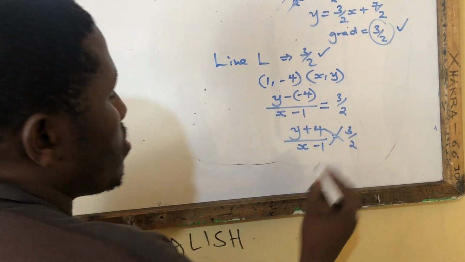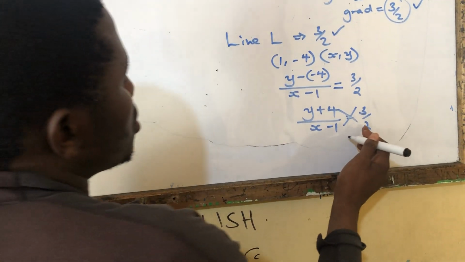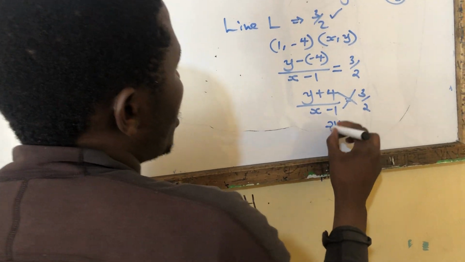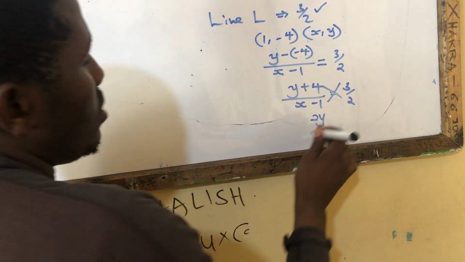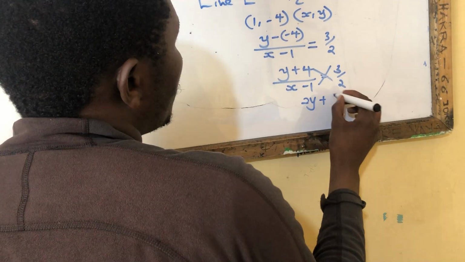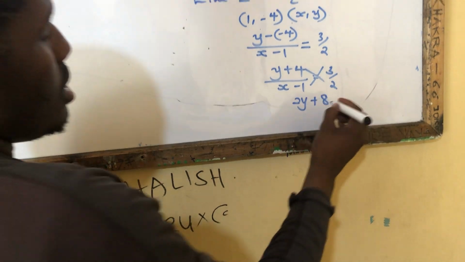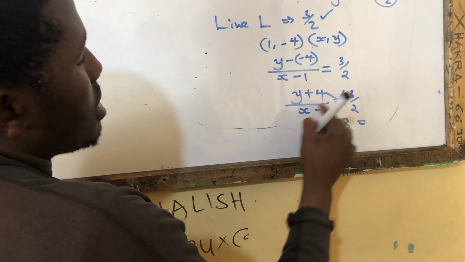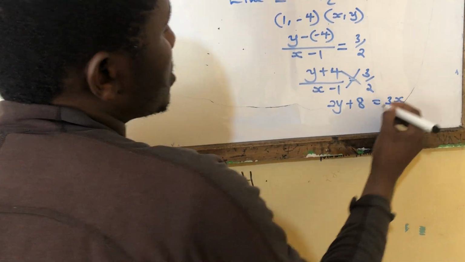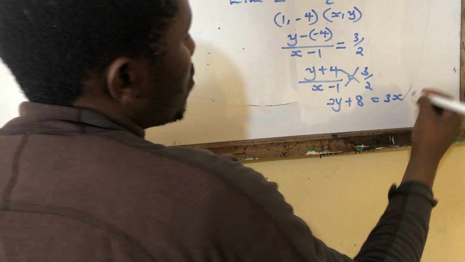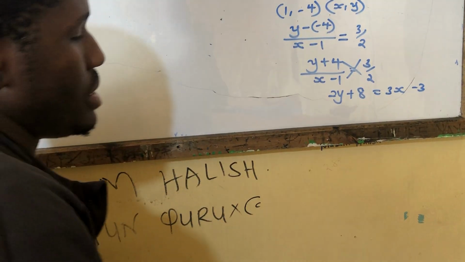We will then cross multiply. What is 2 times y? That will give us 2y. What is 2 times 4? That will give us 8. Equals 3 times x should give us 3x. Then 3 times -1 should give us -3.